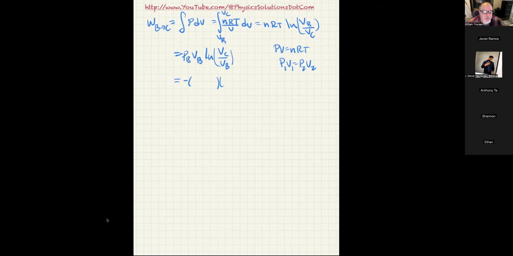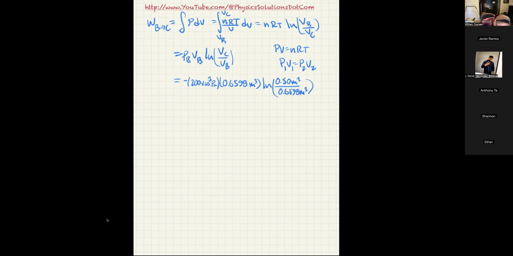So the pressure at B was 200 kilopascals. So 200 times 10 to the third Pascal, and then 0.6598 cubic meters for VB, and then the natural log of VC, and VC is 0.50 cubic meters divided by VB, which is 0.6598 cubic meters.